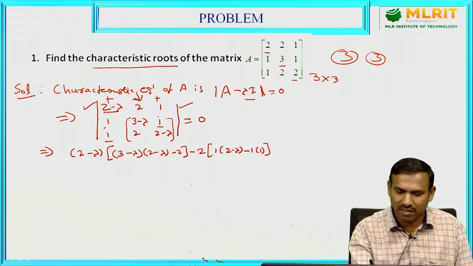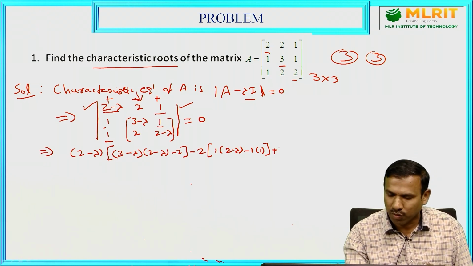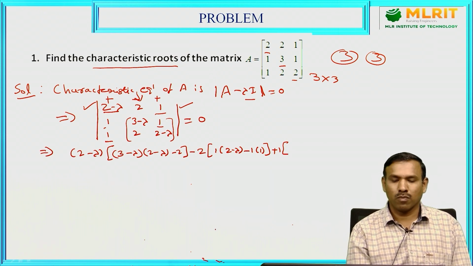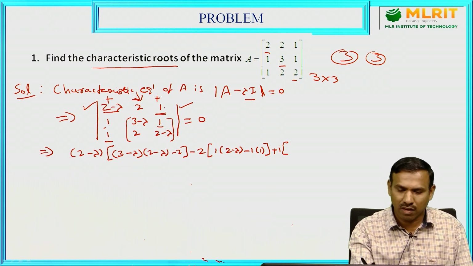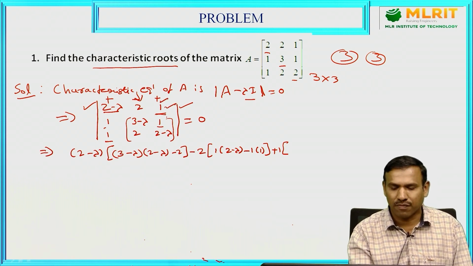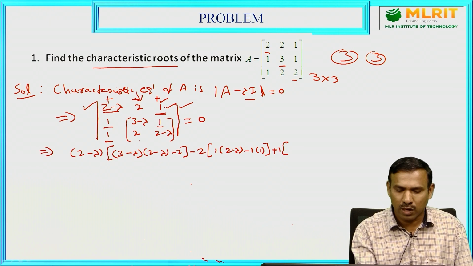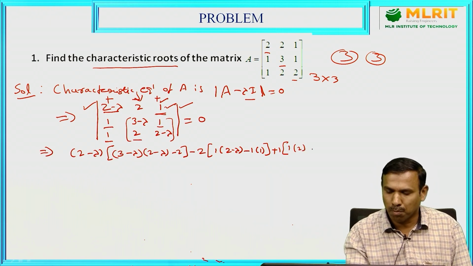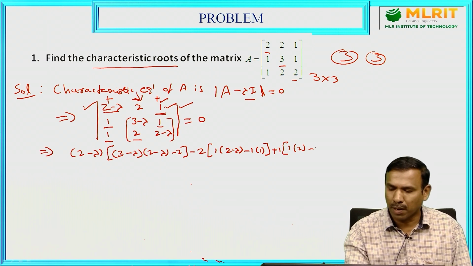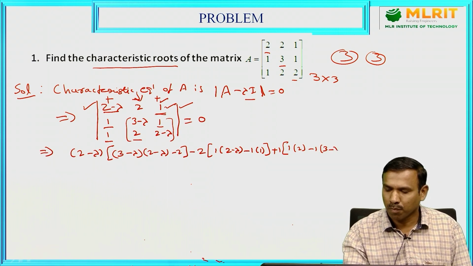Next, the third element, plus 1, leaving the row and column containing this third element; the remaining elements give AD minus BC: 1 into 2 minus 1 into (3 minus lambda), is equal to 0.